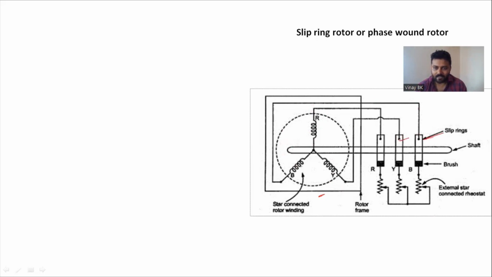Another end of the slip ring is connected to an external star connected rheostat, which is short circuited, and the entire combination is supported by the shaft, and at the slip ring end it has brushes.